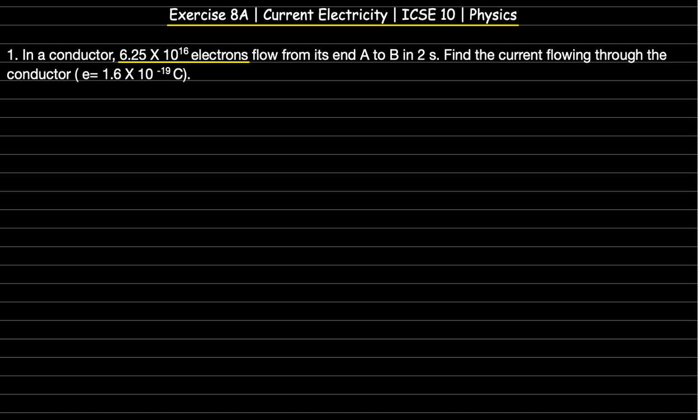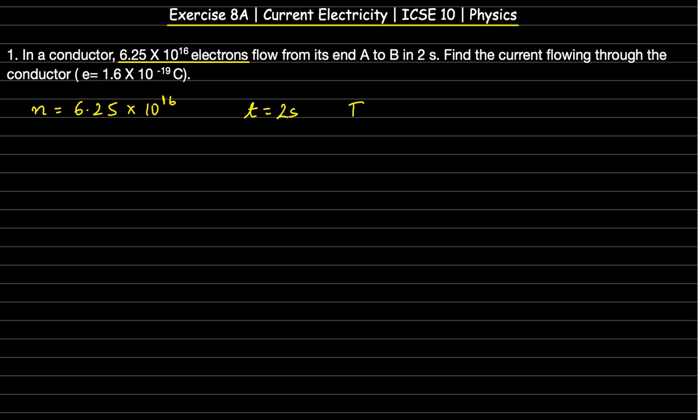So I can write that as n is equal to 6.25 into 10 to the power of 16, and since this is number of electrons, there will not be any unit. Flow from its end A to B in 2 seconds. So time is given as 2 seconds. Find the current flowing. So we need to find current.